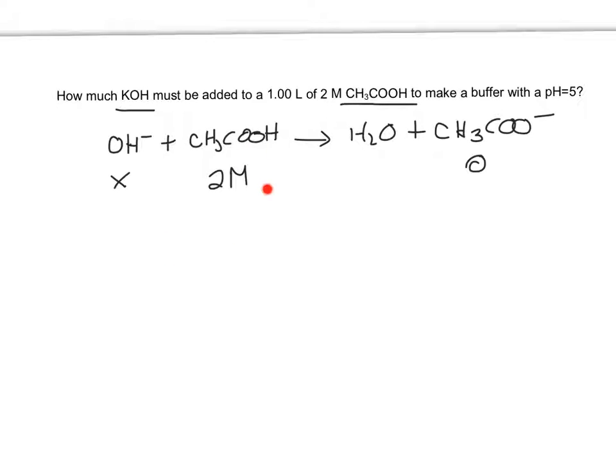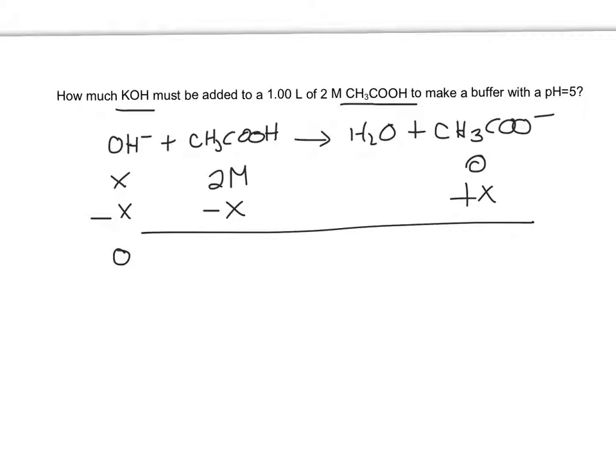So I end up with a little bit of this and a little bit of this so I can make a buffer. So I'm going to say my change is minus X, plus X. So at the end of this reaction, I don't have any leftover hydroxides. I have 2 minus X of this and X of this.